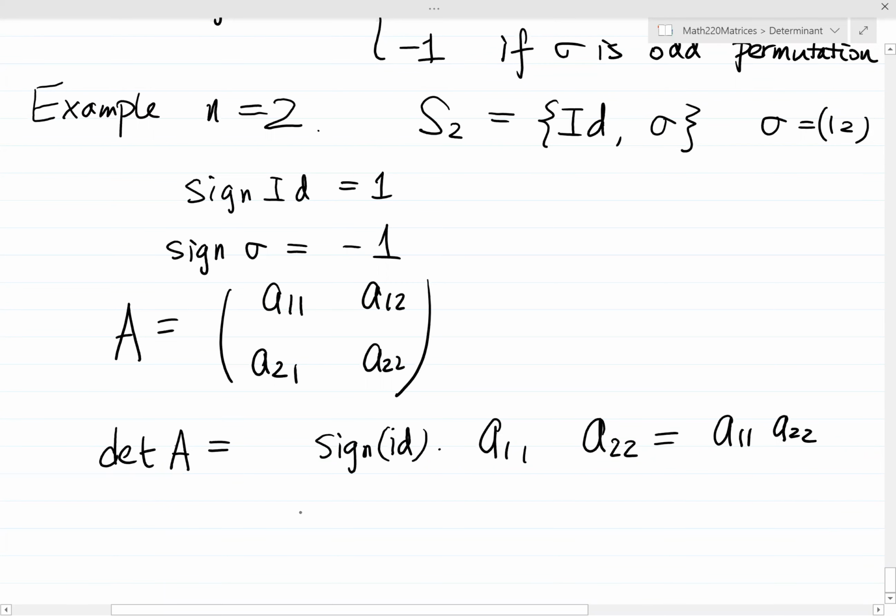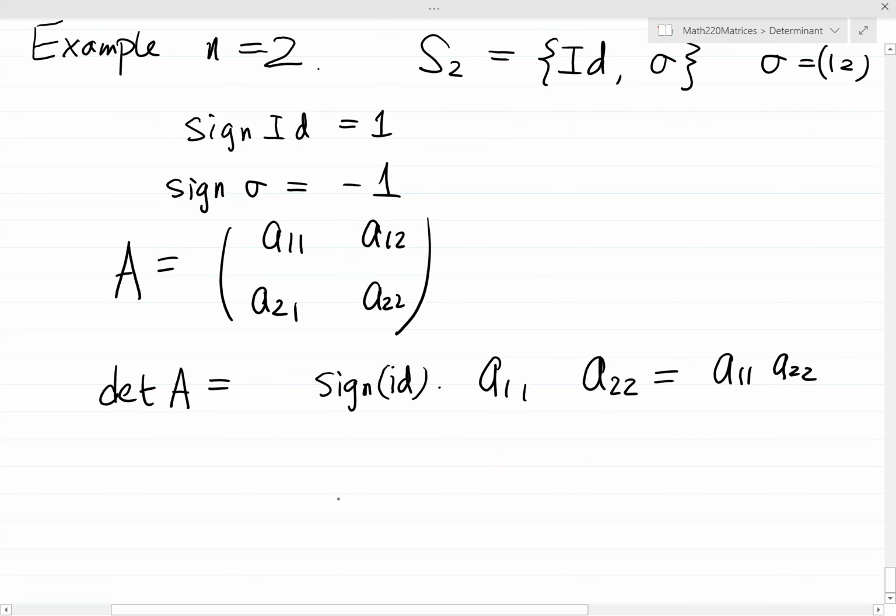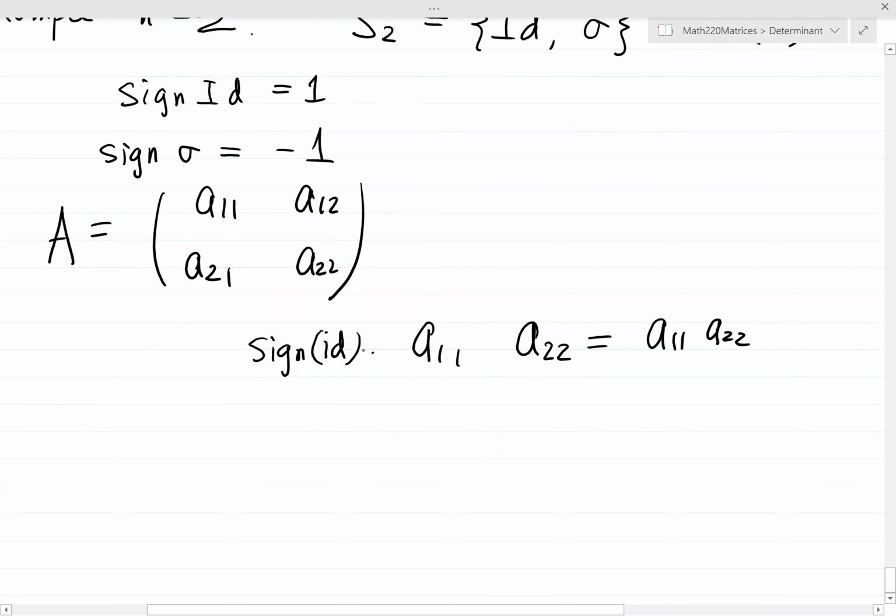Now subtract. So this corresponds to the identity term and the sigma term. For the sigma term, we get the sign of sigma, which is negative 1, times A1 sigma 1, A2 sigma 2. Remember what sigma does: you plug in 1, you get a 2; plug in 2, you get a 1.